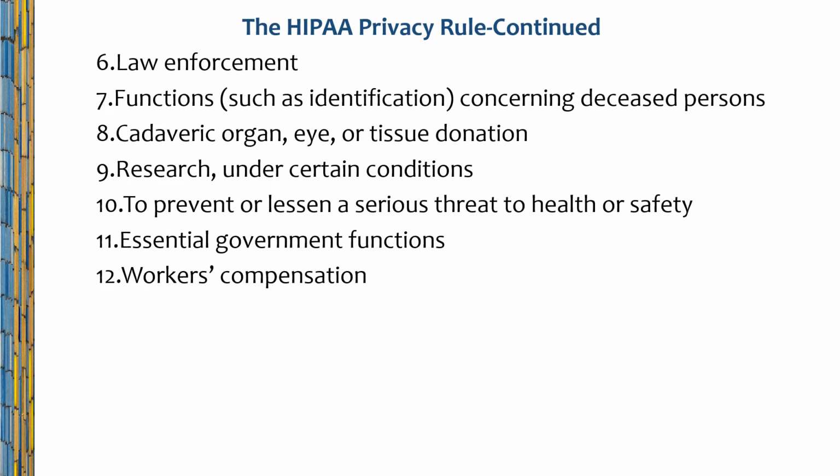Other national priority purposes are law enforcement, functions such as identification concerning deceased persons, cadaveric organ, eye, or tissue donation, research under certain conditions, to prevent or lessen a serious threat to health or safety, essential government functions, workers' compensation.